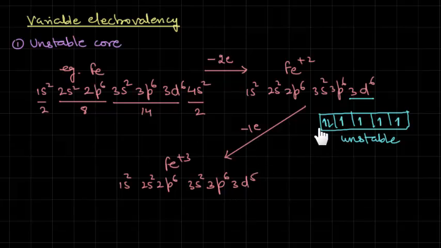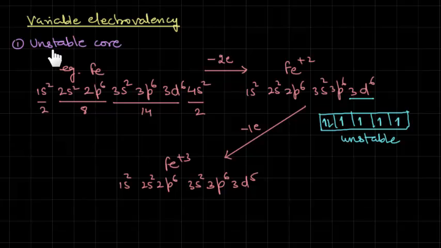Then the d subshell will be exactly half-filled, so each of the orbitals of the d shell will be half-filled, which is more stable than this. So iron has an electrovalency of 2 and 3 both. Sometimes it reacts with the electrovalency of 2, sometimes with the electrovalency of 3.